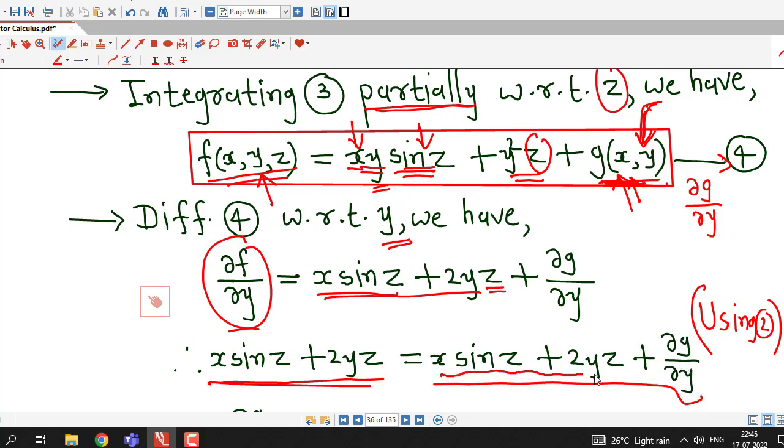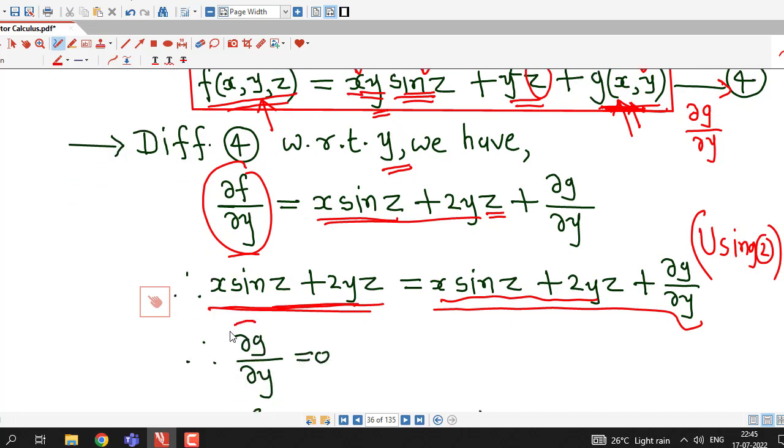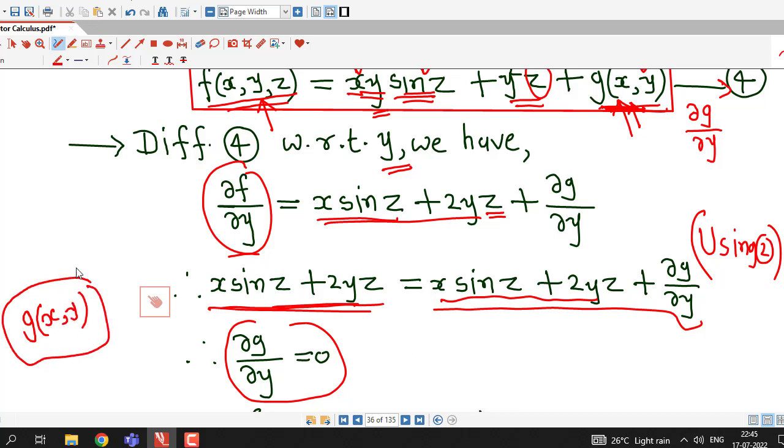We can see these two quantities are equal, therefore the partial derivative of g with respect to y is equal to 0. That means this function g of x and y has partial derivative with respect to y as 0.